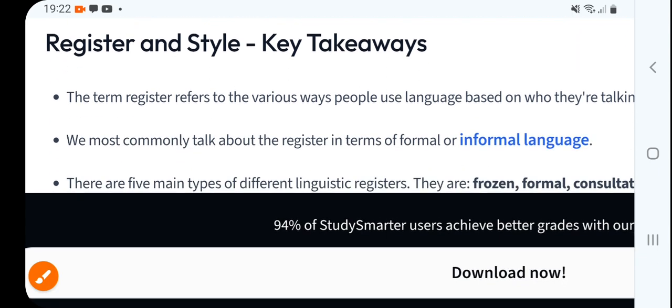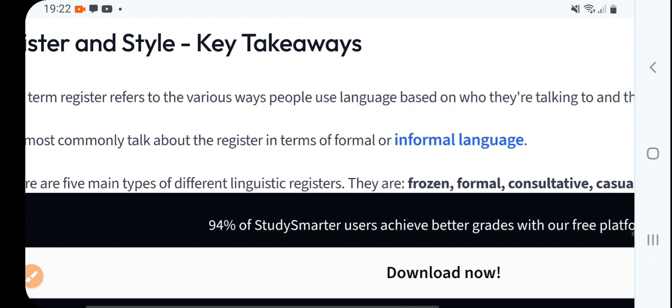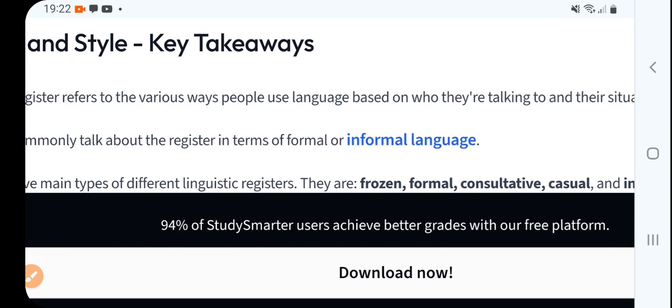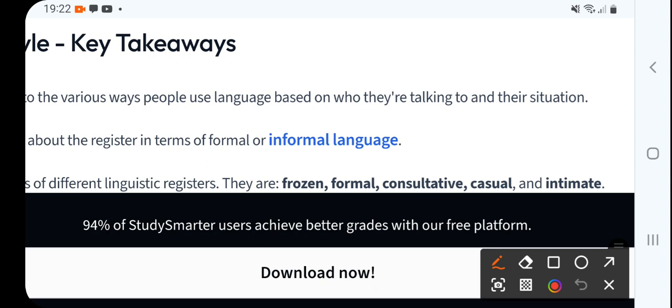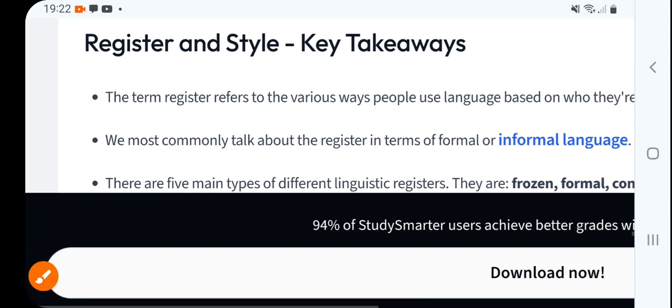And the important thing which we should keep in mind at last: the term register refers to the various ways people use language based on who they are talking to and their situation. So it is very important to take care whom we are talking to and what the situation is.